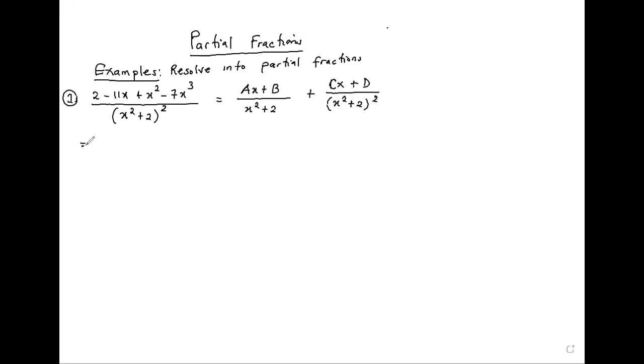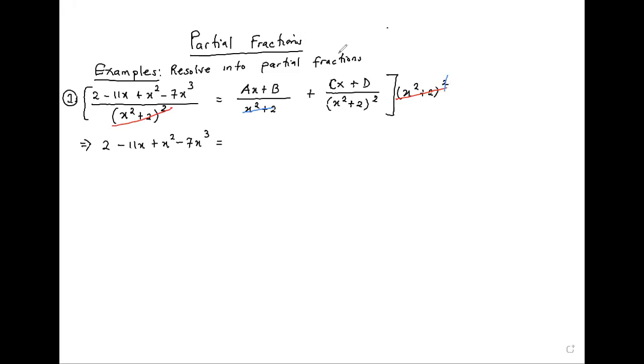And then you multiply throughout by what? By (x squared plus 2) squared. So this and that will cancel. So we'll have 2 minus 11x plus x squared minus 7x^3 is equal to this, and the power will cancel.